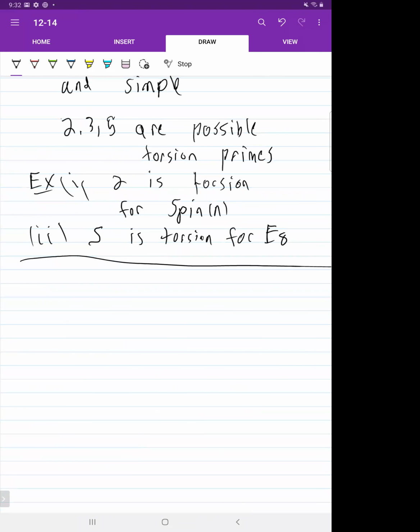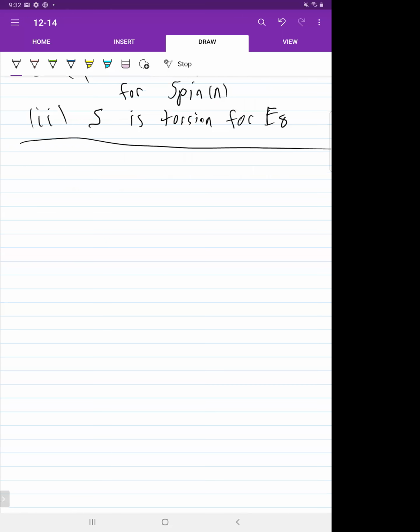Now I want to introduce the main tool that we use to compute the motivic cohomology rings. That is the Eilenberg-Moore spectral sequence. So I did introduce some notation.